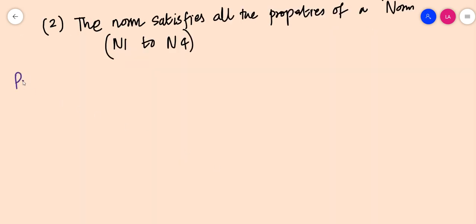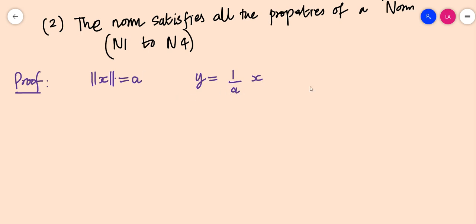Proof. Let's consider any x which is not equal to 0, with norm x equal to some real number a. Associated with this, define a new element y equal to 1 by a times x.